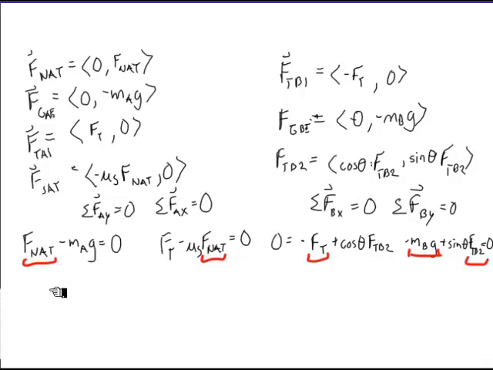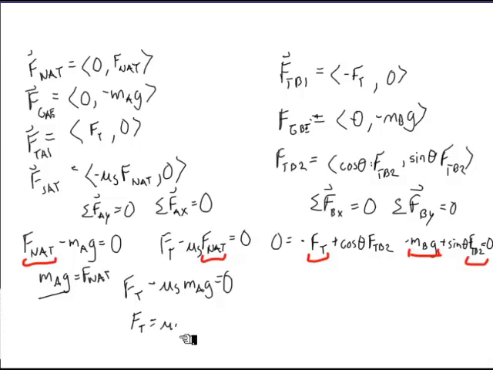So for instance, I can rearrange this and plug it in here. So I can say MAG equals FNAT. Plug that into here. I get FT minus mu S MAG. So that becomes FT.